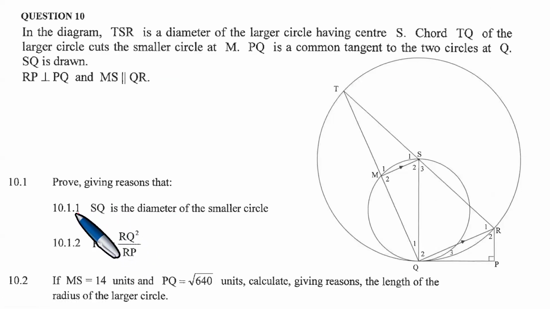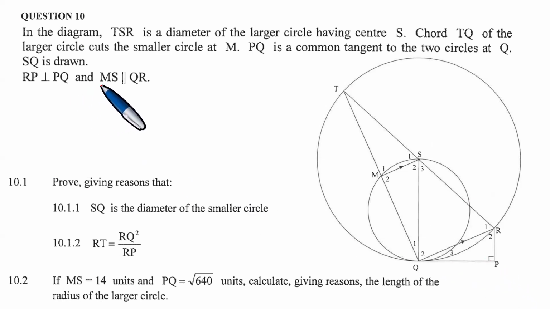Now we have that SQ is drawn. Okay, here is SQ, which has just been drawn. RP is perpendicular to PQ. Okay, it's making an angle of 90 degrees, here's the 90 degrees there.